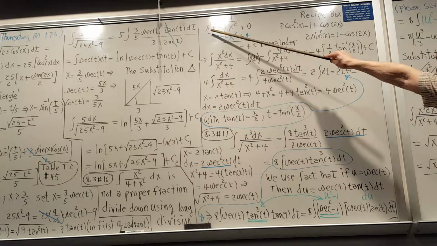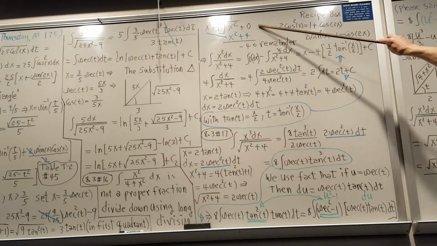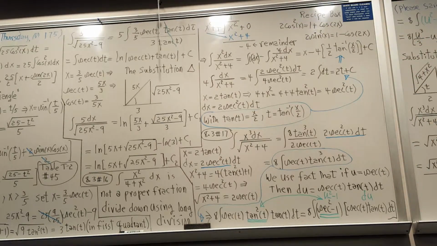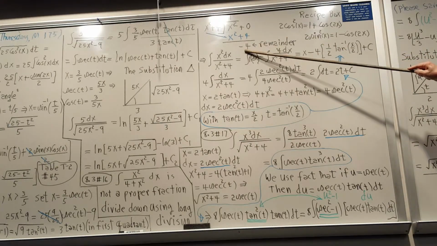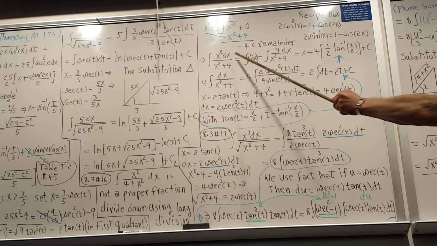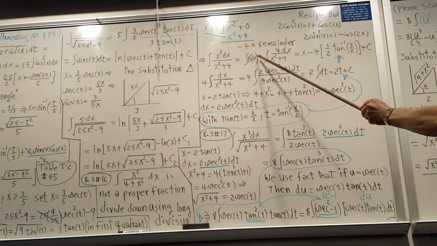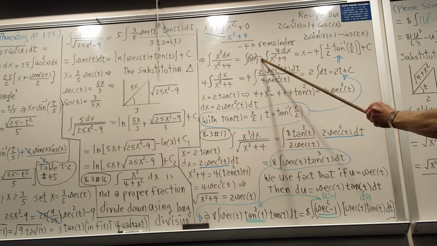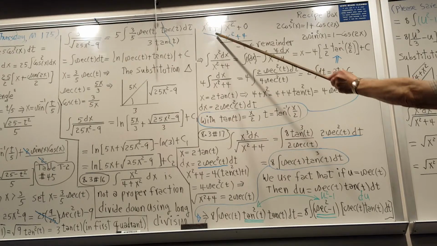You can just as well say you're dividing into x squared plus all the zeros you might want to write. And so finally, when you subtract, your remainder will be the minus 4. So that means that your original fraction becomes your quotient, the 1 dx, and then the minus, and then the 4 dx over this.